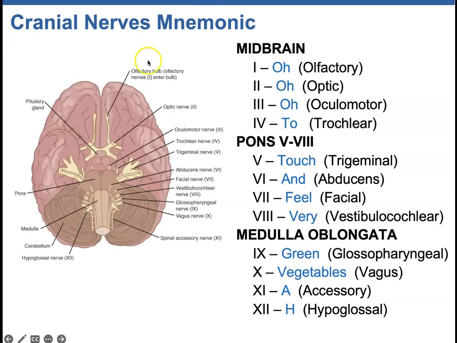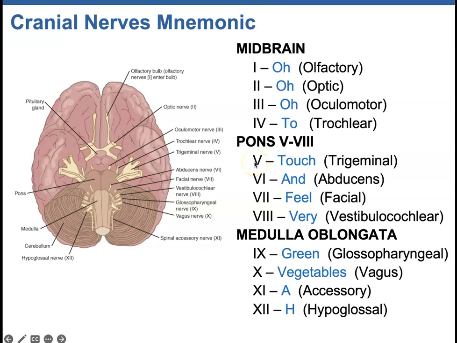So when you look at it, in the midbrain is where you're going to have the nerve passing through for the olfactory, which is cranial nerve number 1, the optic nerve, cranial nerve number 2, the third, which is oculomotor, and then the 4th is trochlear. Then the pons, where you have the 5th through the 8th cranial nerves.